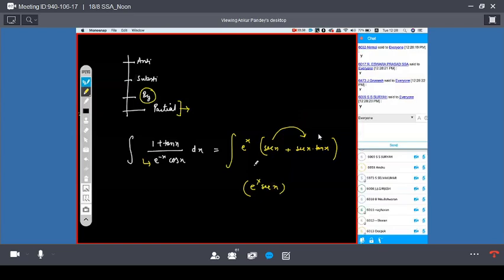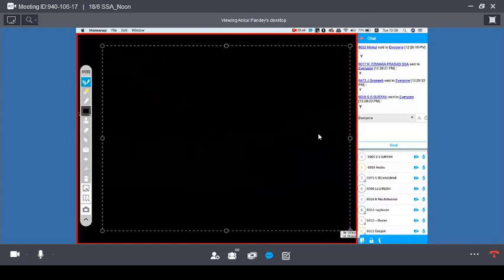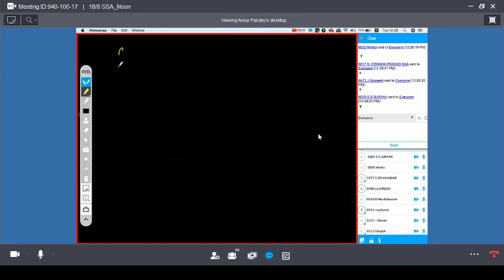Chalo. A simple question. What will be the integration of 1 upon x minus 2 into x plus 3?